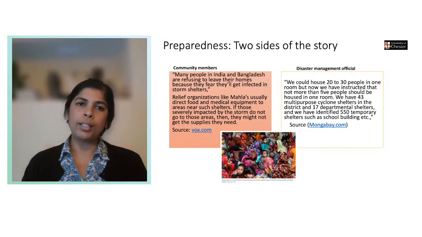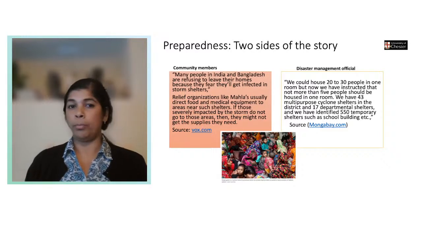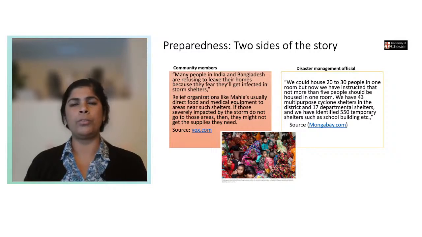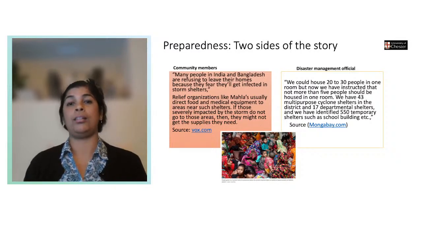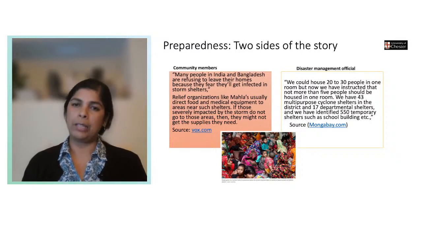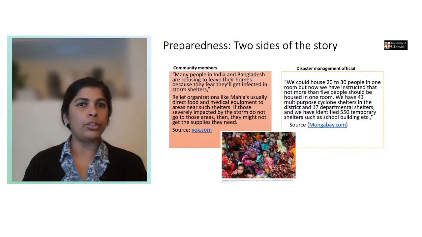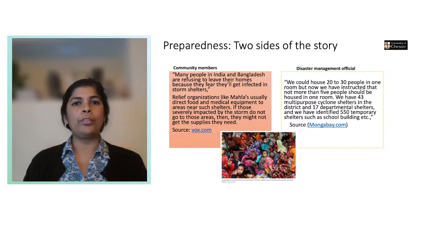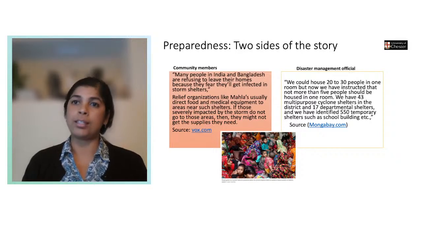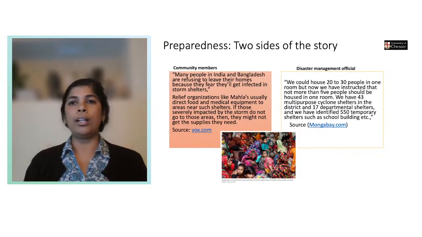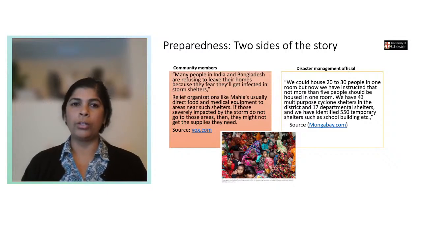Often we saw that many people in both countries were not leaving their homes, even when they knew that the big cyclone is coming and it might be threatening their lives, because they were more worried about getting infected for a disease they didn't know much about.